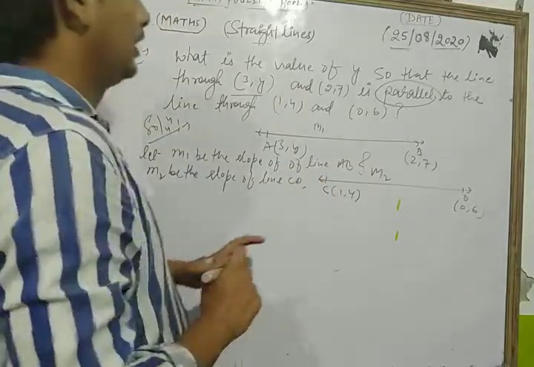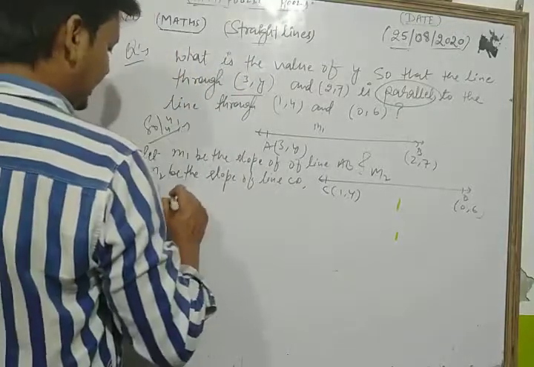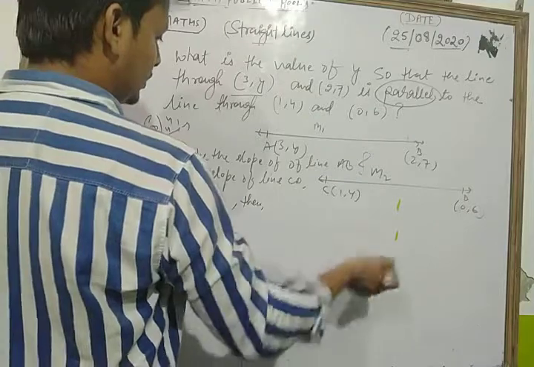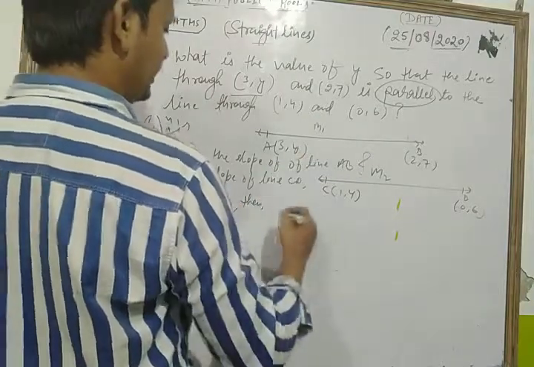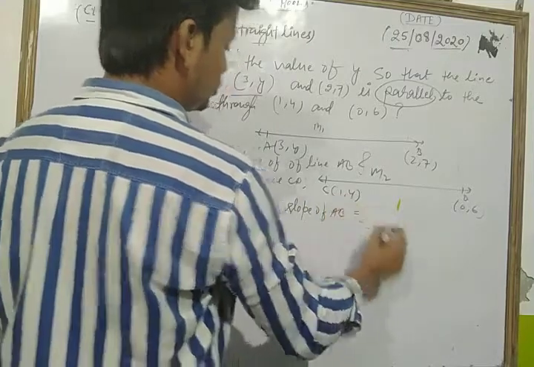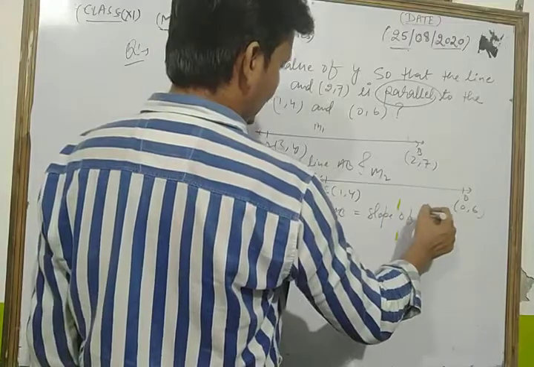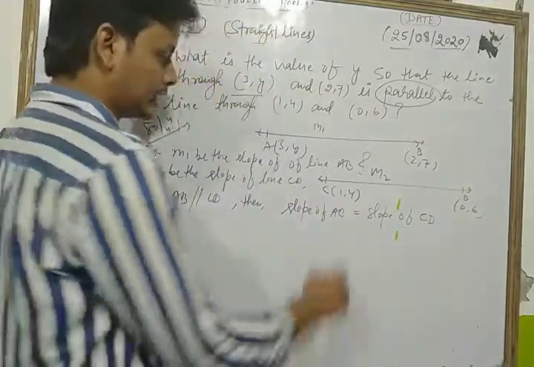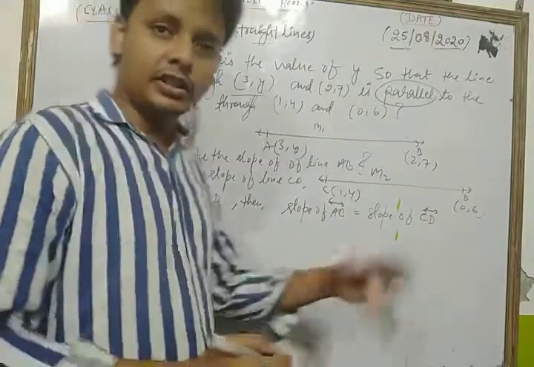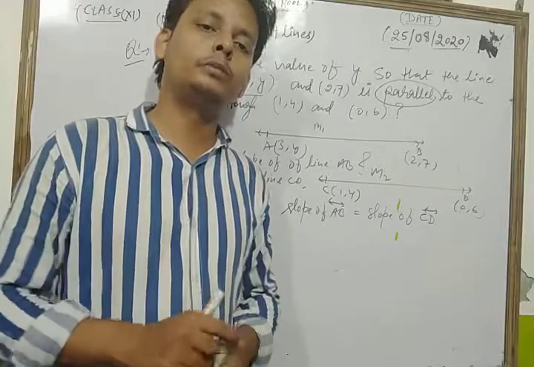Since both lines are parallel to each other, the slope of line AB is equal to the slope of line CD. I just discussed that condition: two lines are parallel to each other if and only if their slopes are the same.